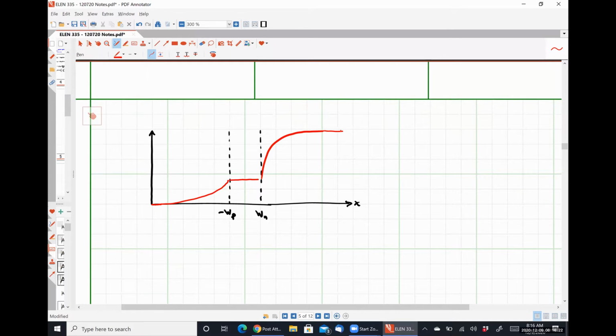So this is the diffusion current from electrons. And then on the P side, we're effectively going to have the opposite.